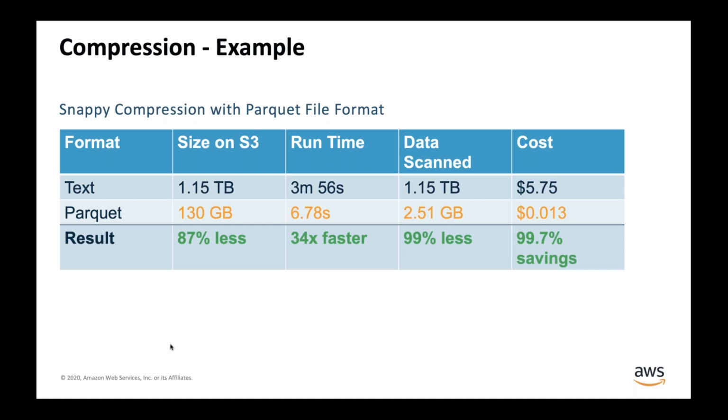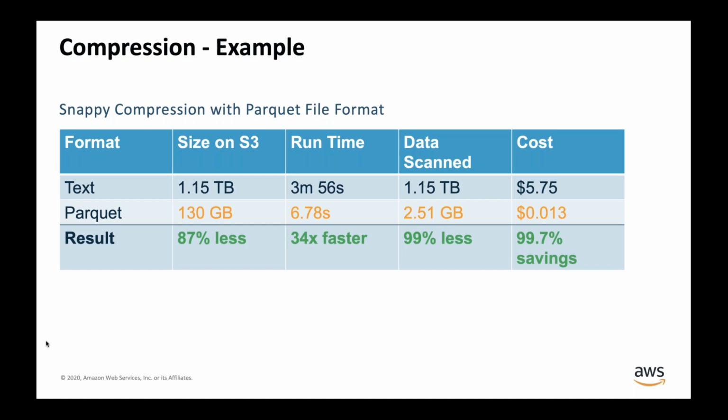So here's another example, where we have some stats and metrics to look at. If we just had a raw .txt file full of data, about a terabyte in size, it would take about 4 minutes to parse that file and scan through, and the cost would be about $5.